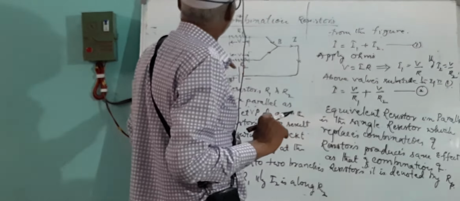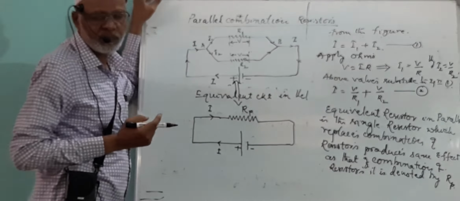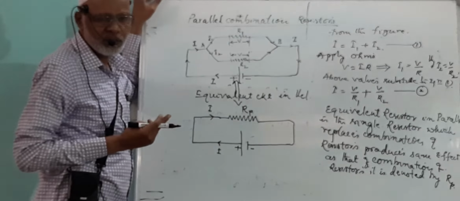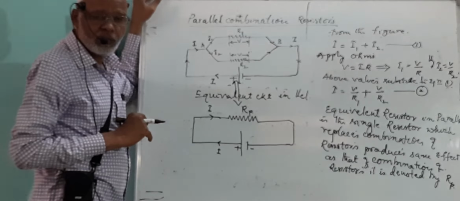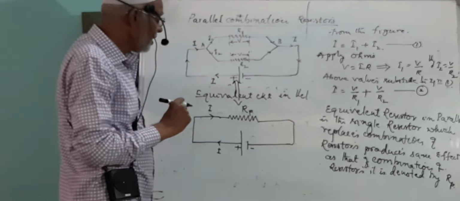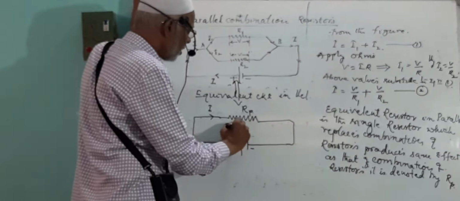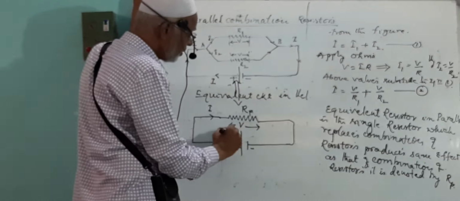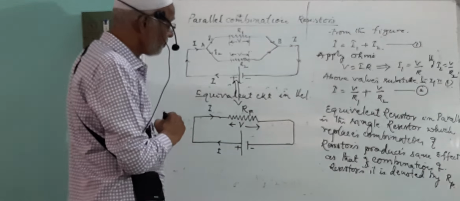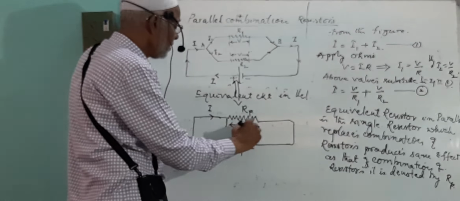As you know, resistor, inductor, capacitor are all circuit elements. So this is the PD which will form across the Rp.